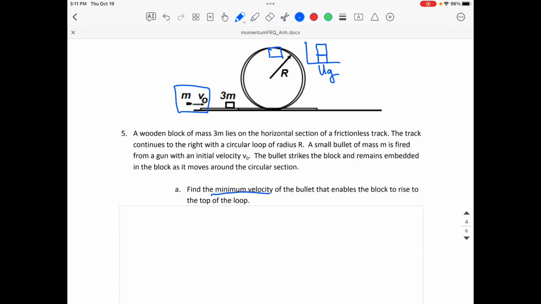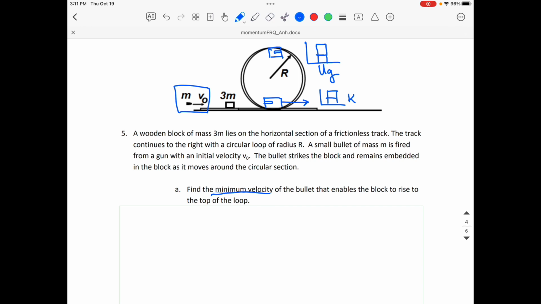So what we want to take is the energy when the bullet has already hit the block and it is at its maximum velocity, a combined velocity moving to the right. So that would be all kinetic energy here at the bottom, and then gravitational energy with the bullet inside of it at the top.